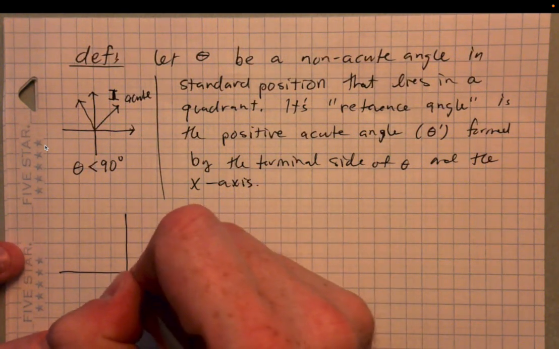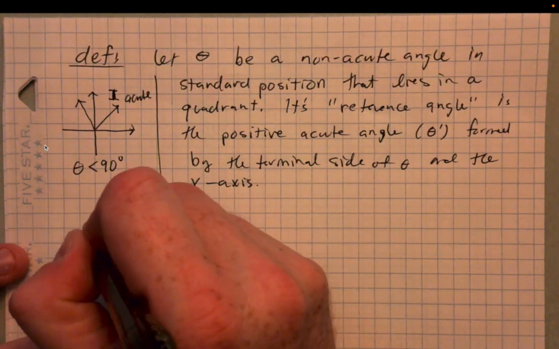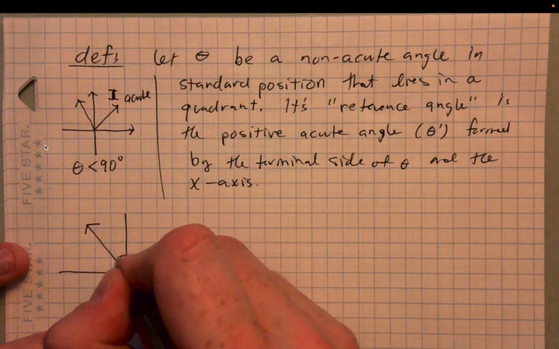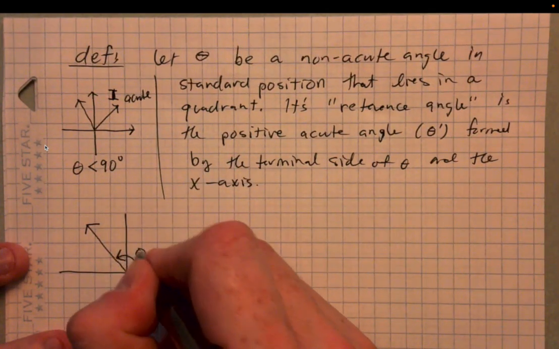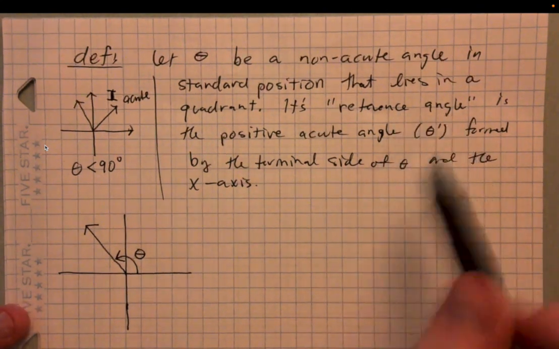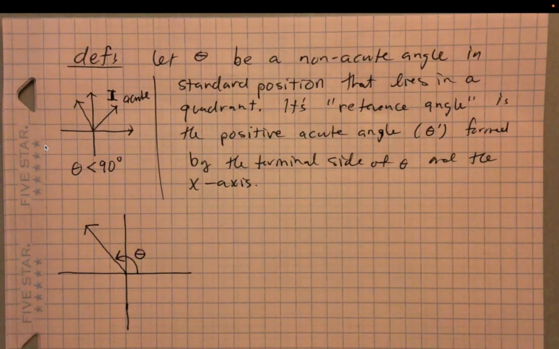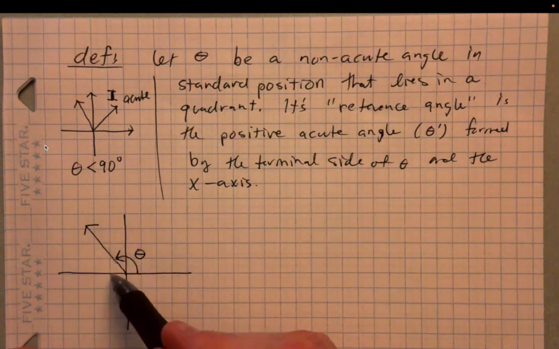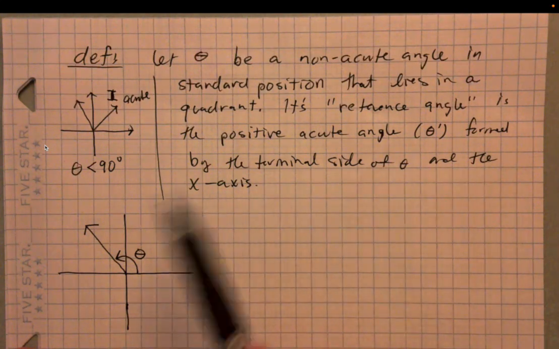Let's say I've got a terminal side up here, and this is theta. What's the reference angle for theta here? It's the positive acute angle formed by the terminal side and the x-axis.